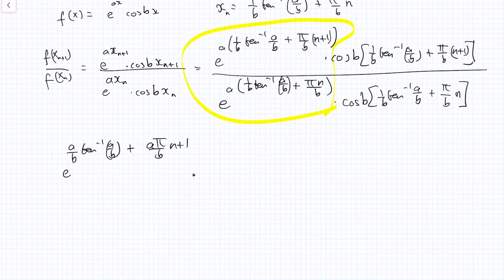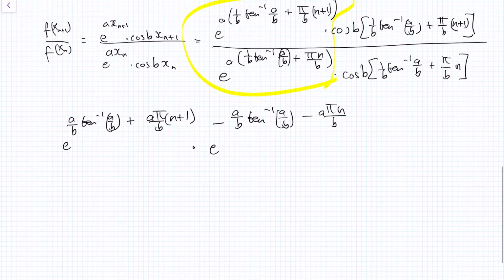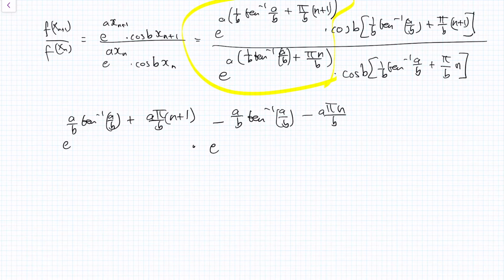And we're dividing that by e to the, because this is a division, simply say minus a over b tan inverse of a over b plus a pi n over b. It should be minus because it's in the denominator. So there should be brackets here. Okay, so let's simplify that. Now, one thing to notice is that this will go with that.